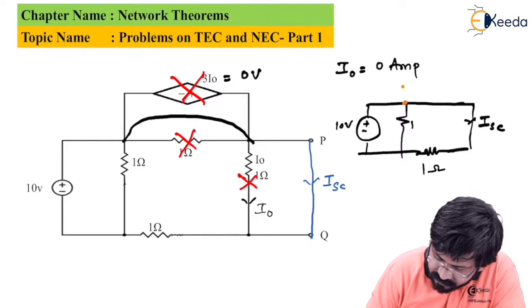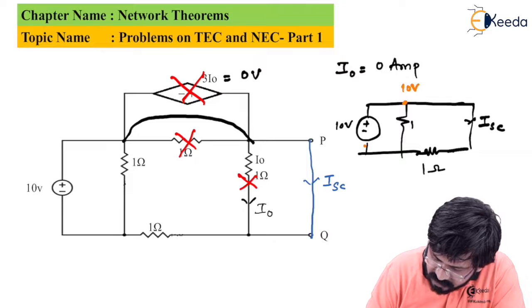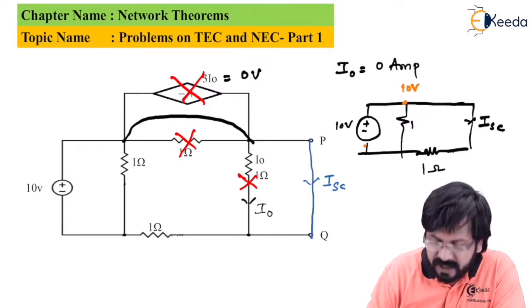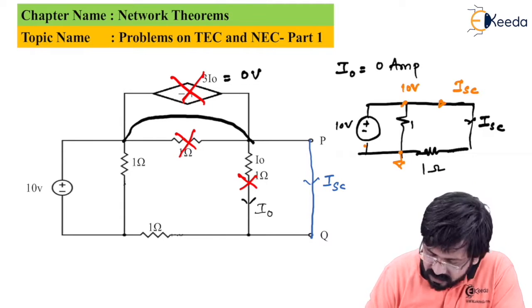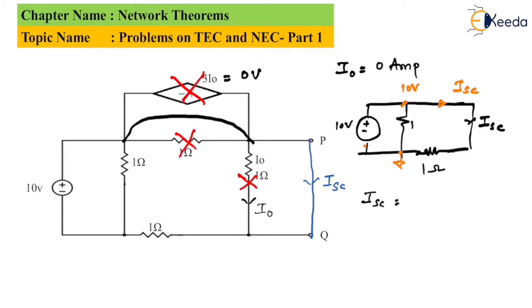Voltage across this is 10 volt because 10 volt and 1 ohm are connected in series. If I consider this as a reference node, that is ground, I can find ISC by simply applying Ohm's law. So ISC equals 10 volt divided by 1 ohm, which will be 10 ampere.